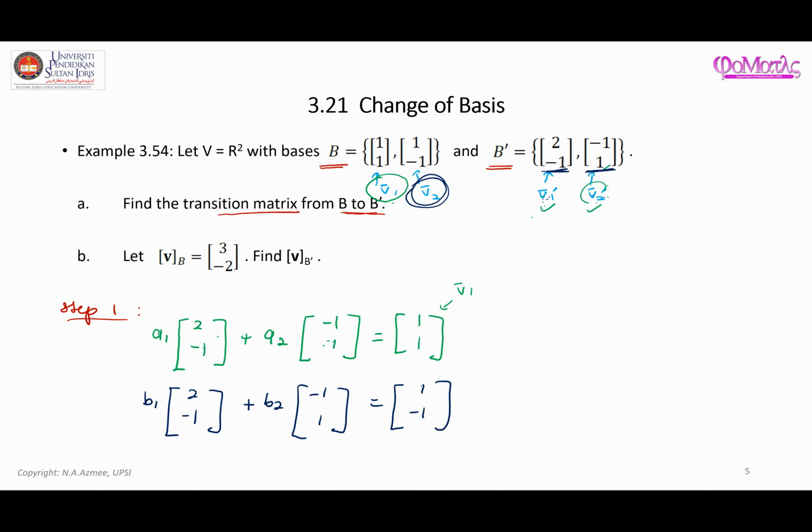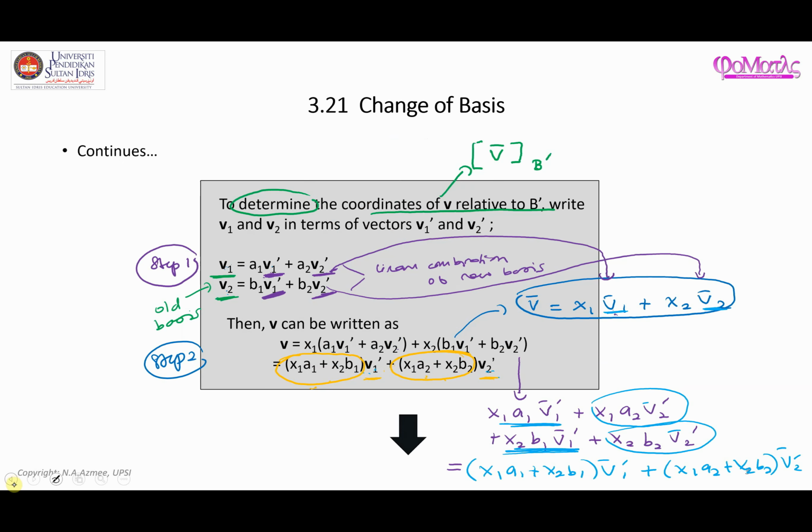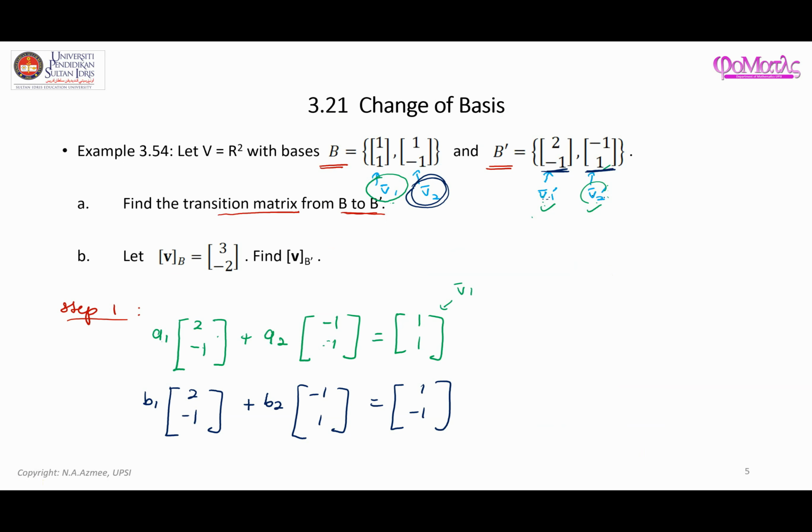And this is the first step that you have to do according to step 1 here. I'm just going to call this equation 2, and the above here is equation 1. We only have two equations because right here we only have two vectors in this basis, okay?